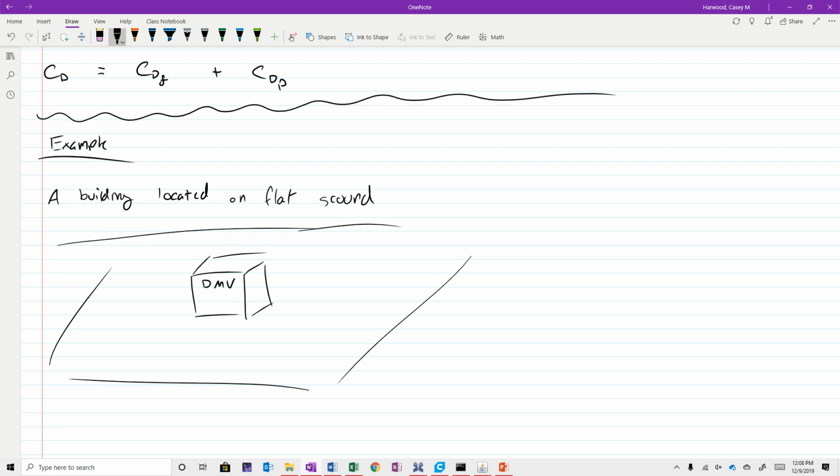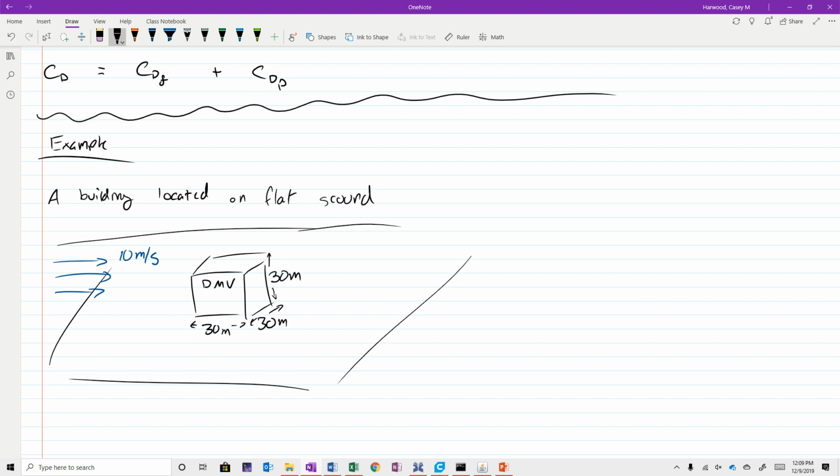And let's assume that this building is cubic in shape, so that is, it has dimensions of 30 meters in depth, breadth, and height. And it's subjected to a uniform wind speed of 10 meters per second.